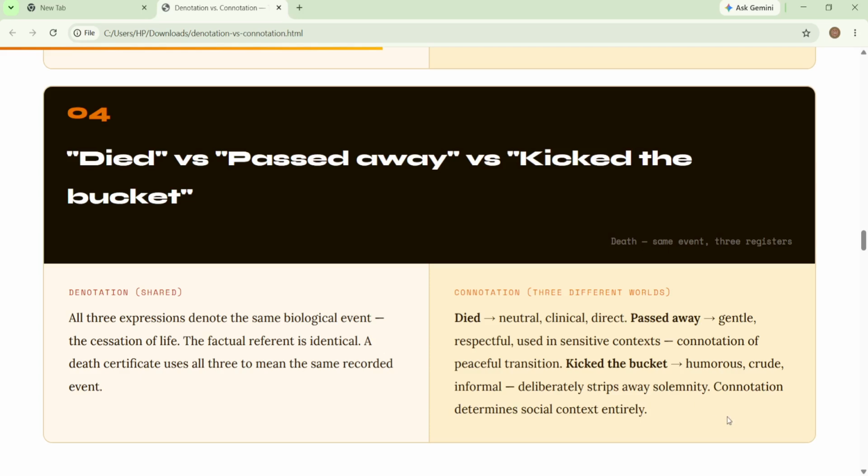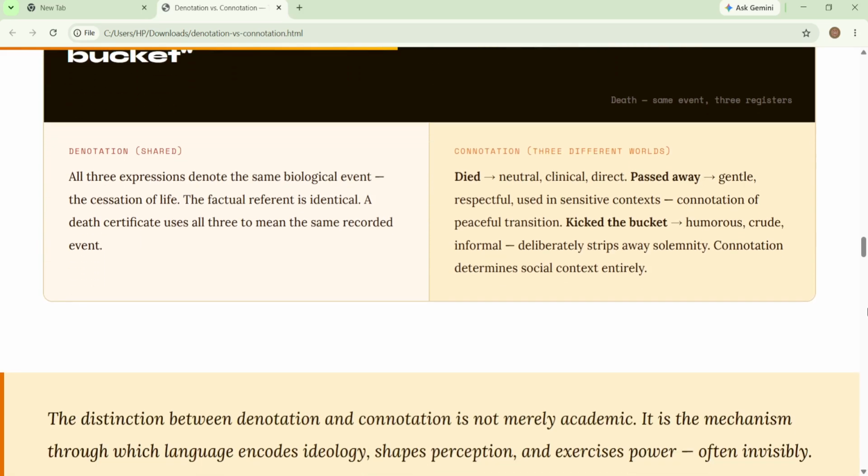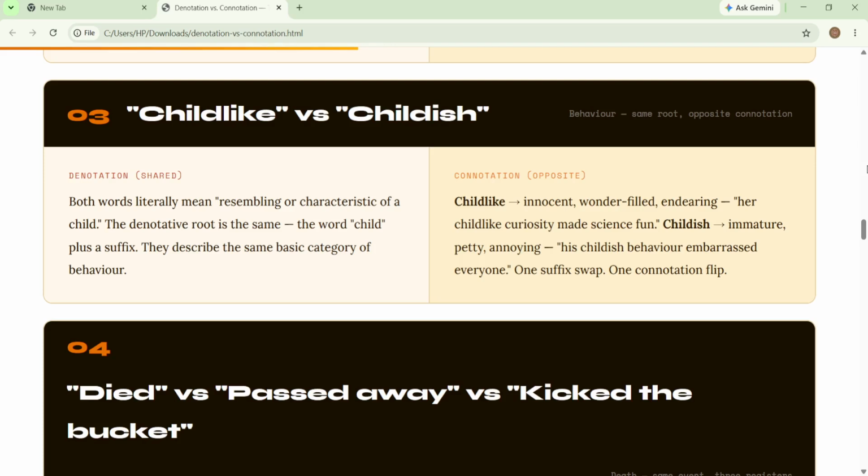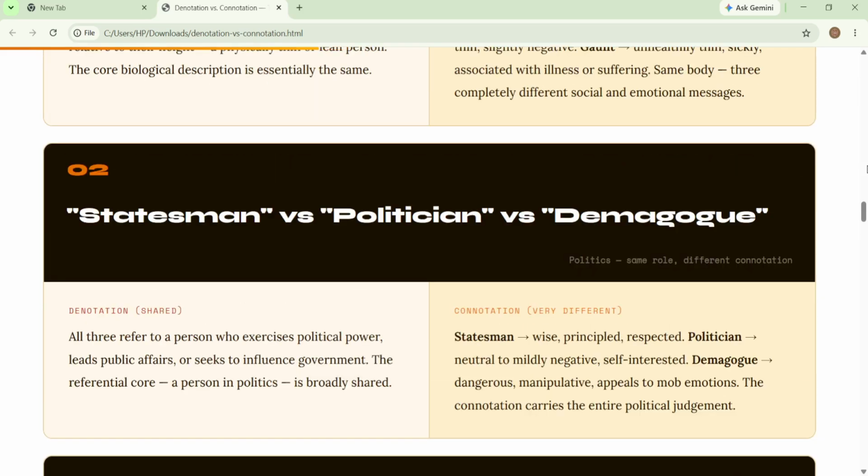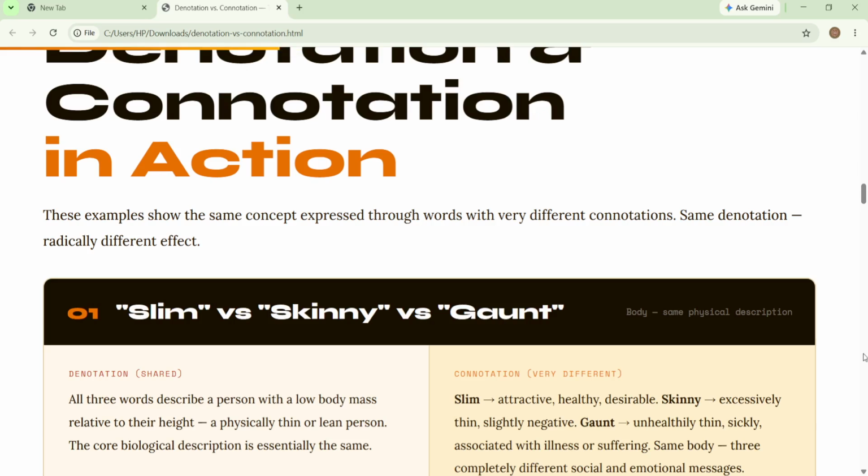Whereas in connotation, they have different meanings. Died is neutral, clinical, and direct, whereas passed away is gentle, respectful, used in sensitive contexts. Whereas kicked the bucket is humorous and informal. So connotation determines social context entirely. So these are the examples: died, passed away, childlike, statesman, and slim.